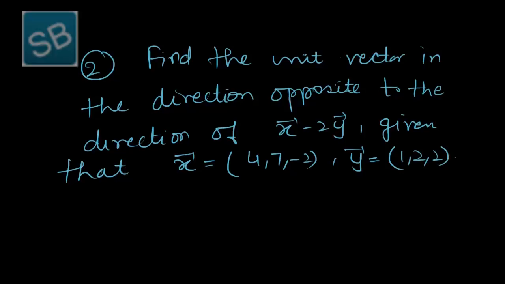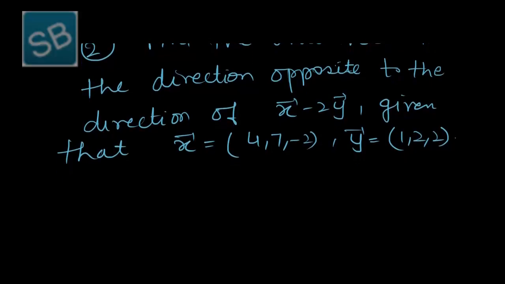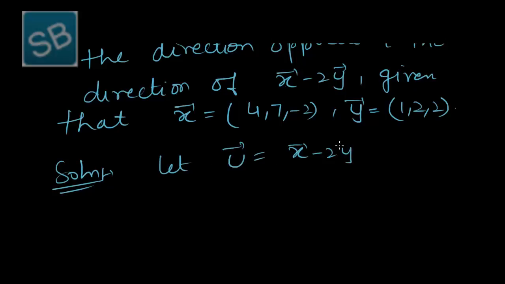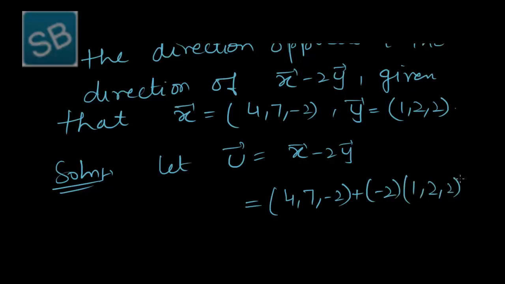As we have to find the unit vector in the direction opposite to x minus 2y, first of all we have to find the vector x minus 2y. Let its name be u. Vector u is x minus 2y, so we get 4, 7, minus 2 plus minus 2 times vector 1, 2, 2.